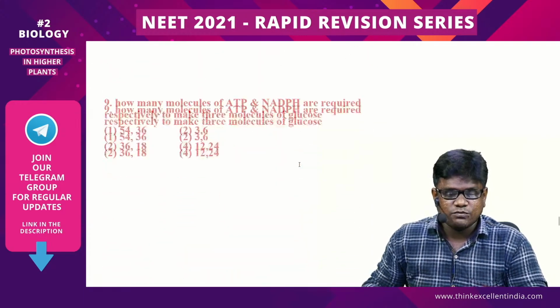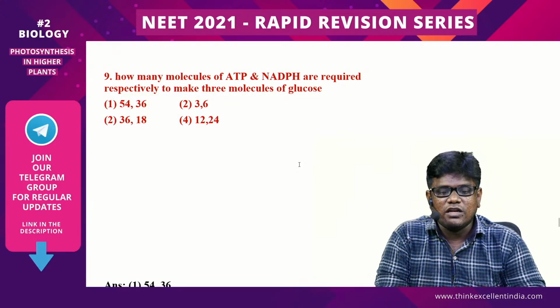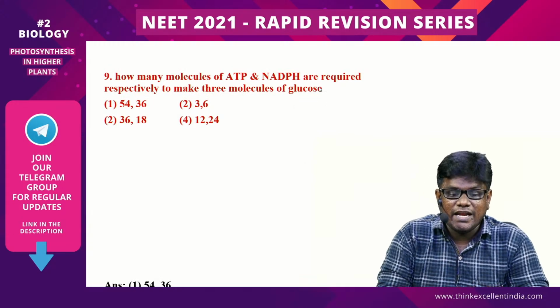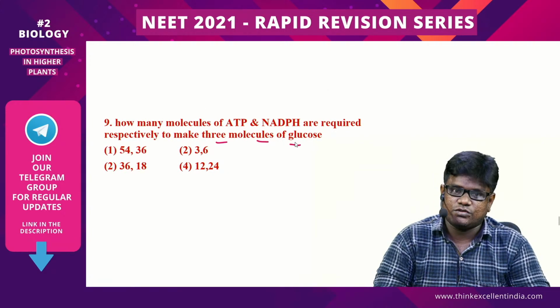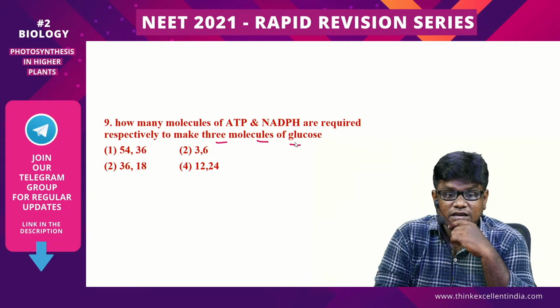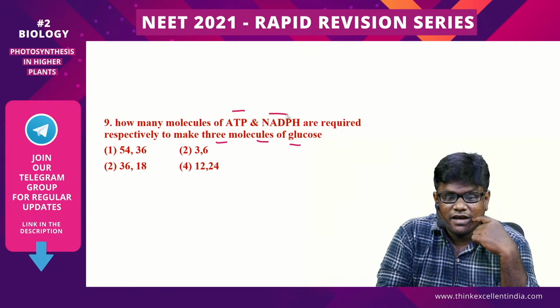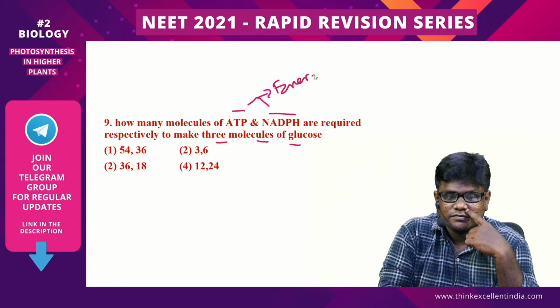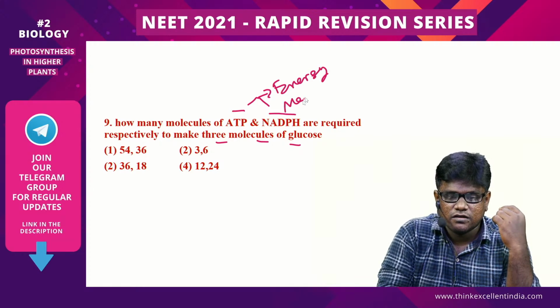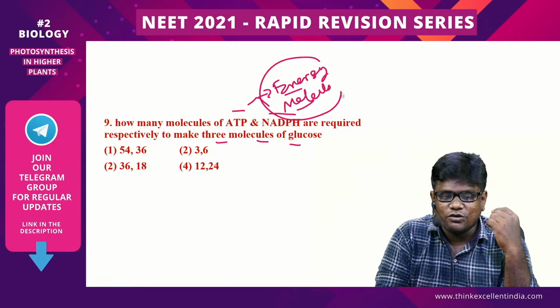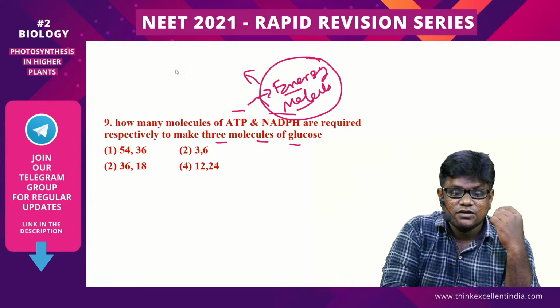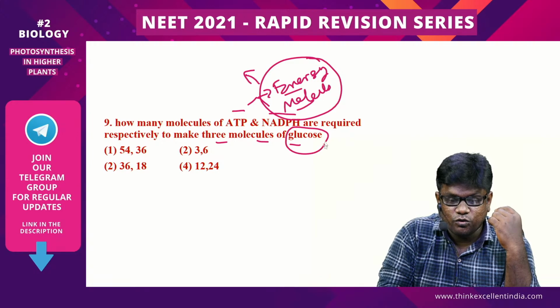Okay. The next we're going to talk about how many molecules of ATP and NADPH are required respectively to make 3 molecules of glucose. See here, ATP, NADPH, these are all energy molecules. These energy molecules are produced to create what? Glucose.